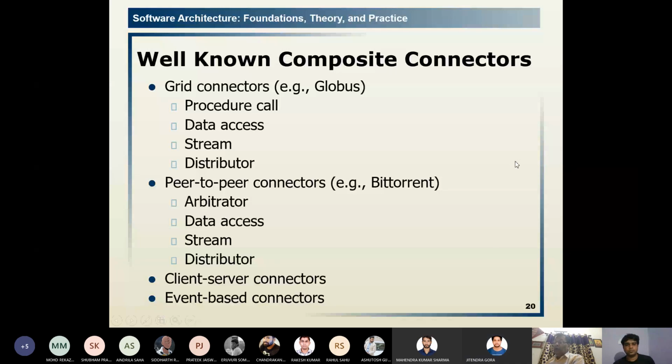Hello, what are you doing? His system is having a problem, I think. The net is giving problem. So Jitendra Gora. Hello, sir. Yes, you proceed. Actually, sir, it's Mahendra Sharma, sir. Hello. Is it audible, sir?